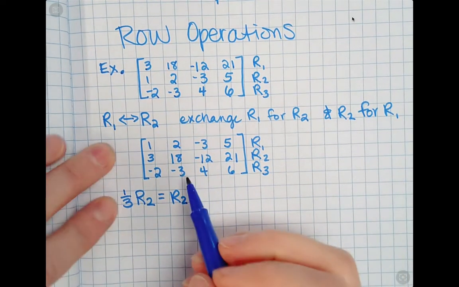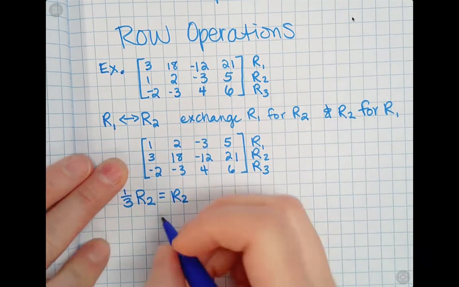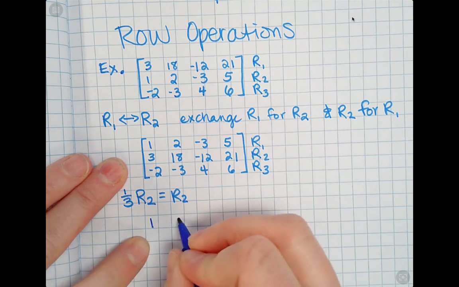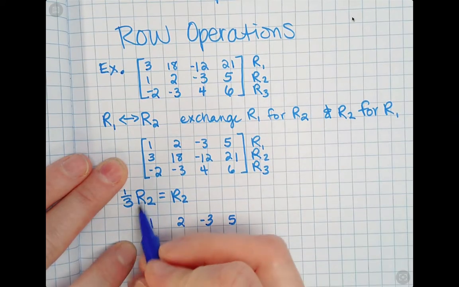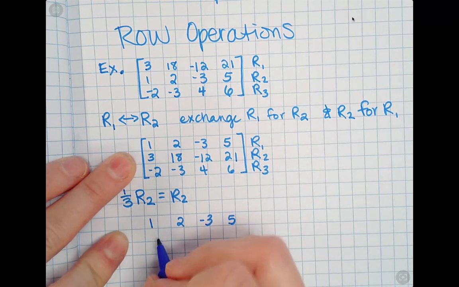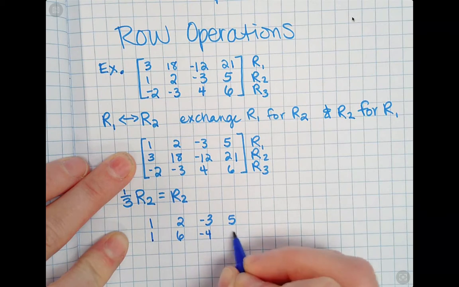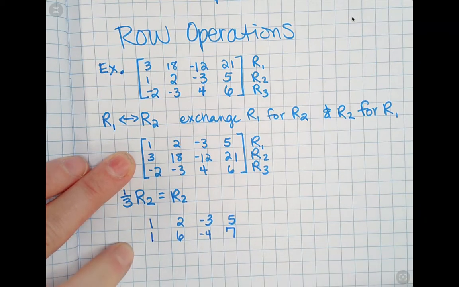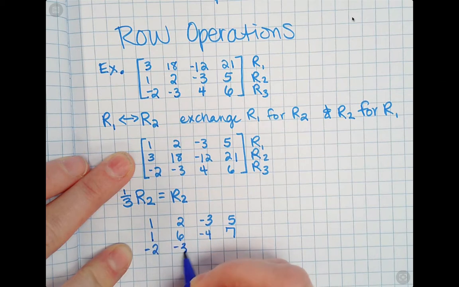So the only thing you're going to change is row 2. Take 1/3 of it. So I'm going to still write row 1, but I'm going to do 1/3 of row 2. So it'd be 1, 6, negative 4, 7. And then our row 3 also stays the same.